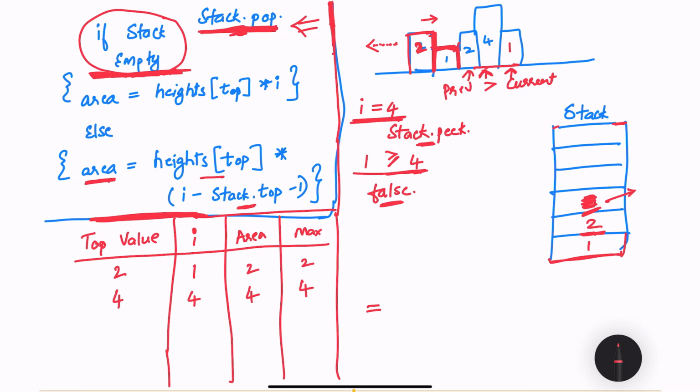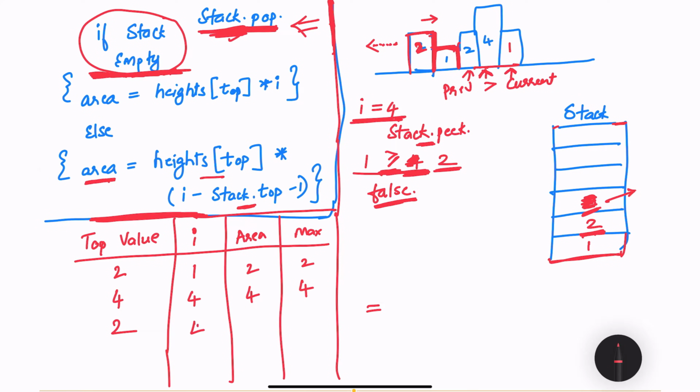Now we have to check again if the value at the pointer I is greater than or equal to the stack.peek, or the top value in the stack. Right now it is pointing at index 2, so its corresponding value is 2. It is still greater than the current value at I, hence our result is false. We will execute this logic again. We will pop out the last value. So at index 2, the value is 2.